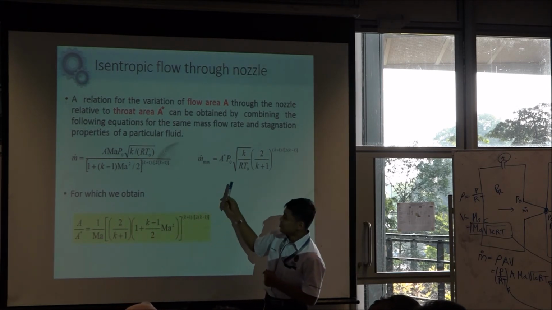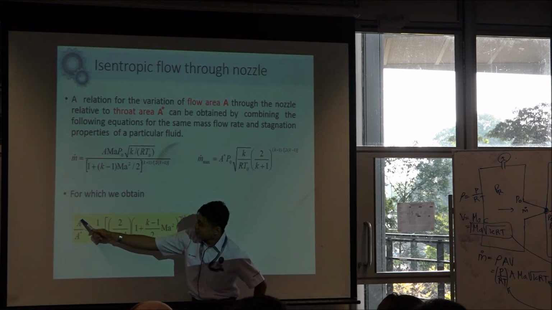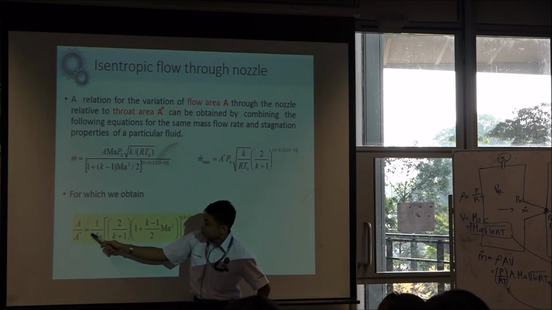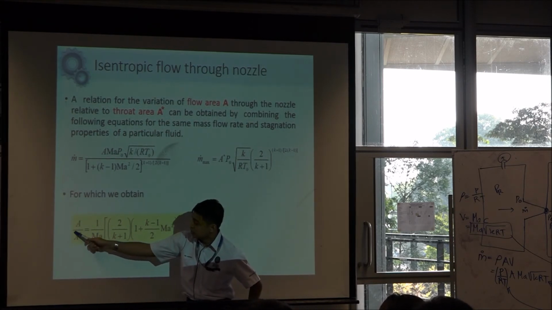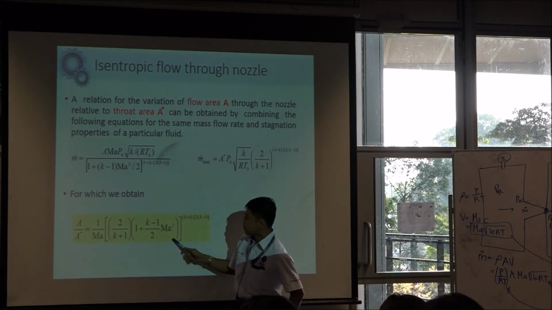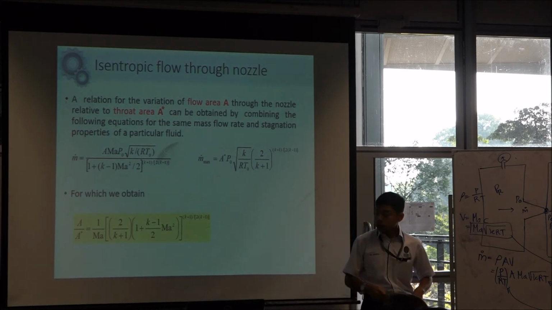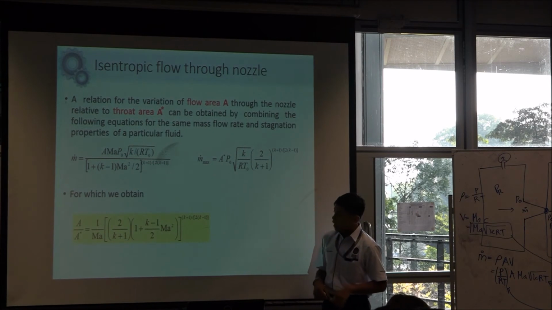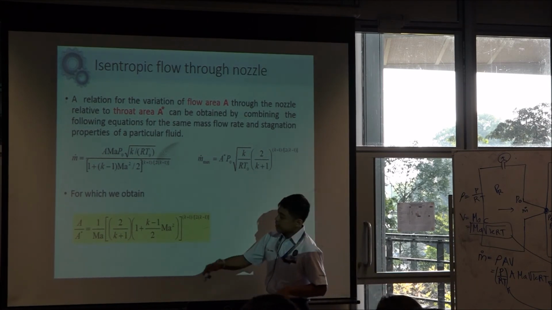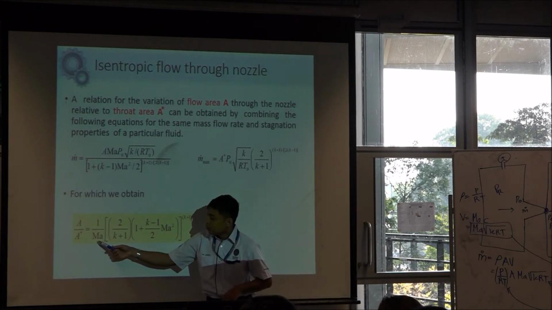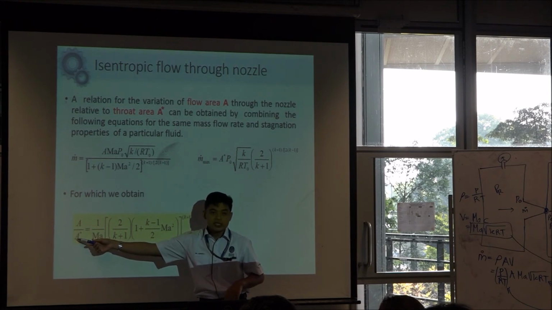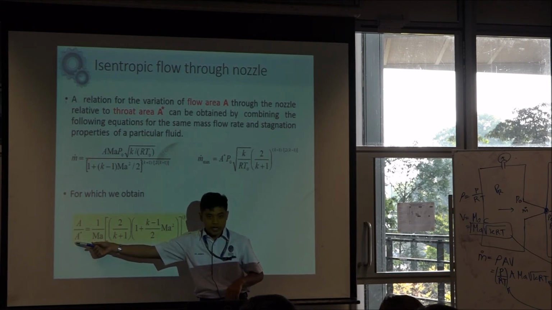So the ratio of A for a particular Mach number to the area of the throat is given by this. Let's say you want to calculate the area where the Mach number is 0.8 when the throat area is 20 cm squared. You can do that.